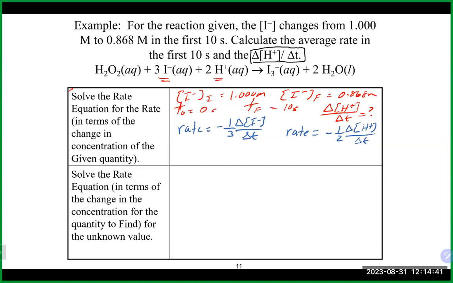Now, clearly we have the I minus information, so that seems like a good place to start. We put our information in here because we have all of it. So the rate would equal minus 1 over 3 times the change, which is final minus initial, 0.868 minus 1. That's important because that's going to give me what type of number?